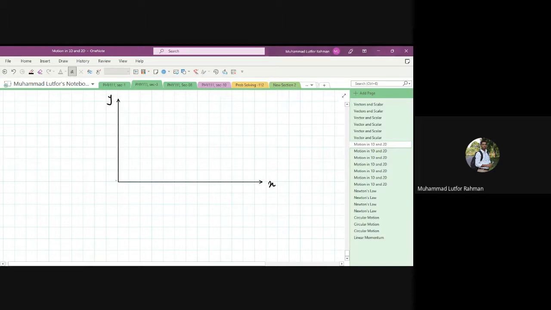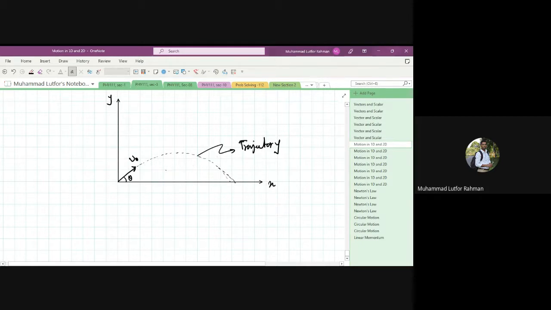I project that particle with the initial velocity, say v naught. This is the total velocity, and it makes an angle theta. Then it will move in that path, right? Should be symmetric, I'm sorry. That path we call the trajectory.